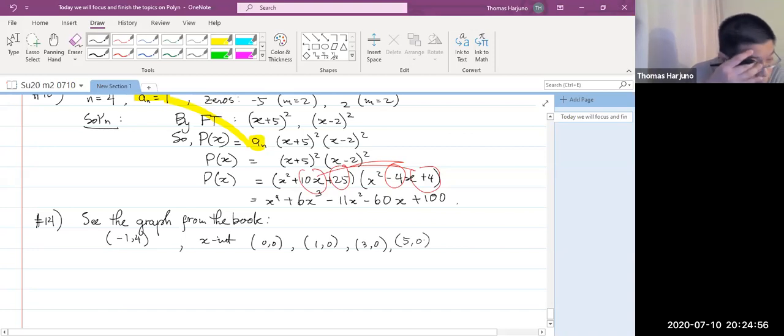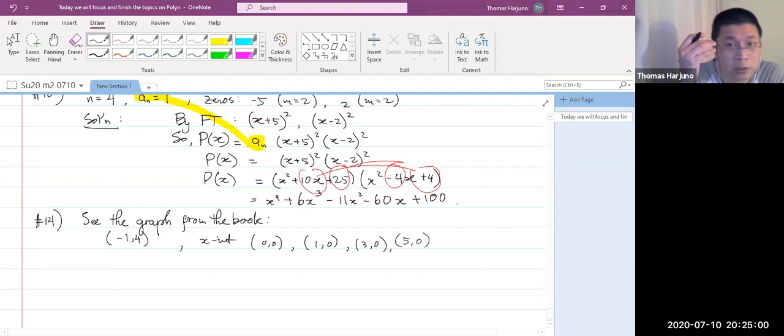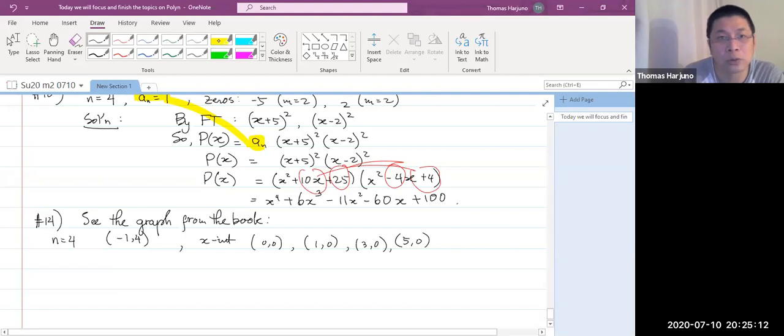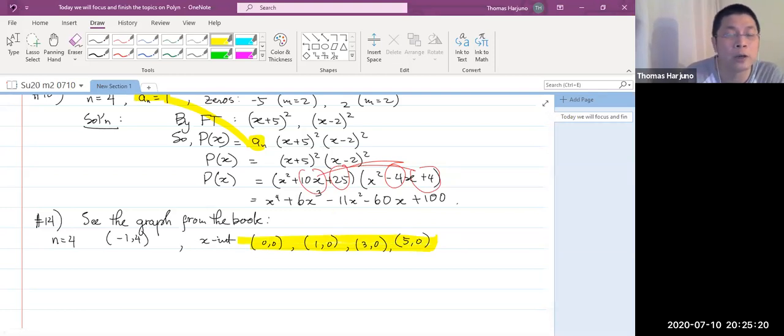And from the way each one of them crosses the x-axis, we know each one has multiplicity of 1. They tell us though that it is degree 4, and they give us 4 zeros. Don't you think they're really nice? So the only way that can happen is if each zero has multiplicity of 1.